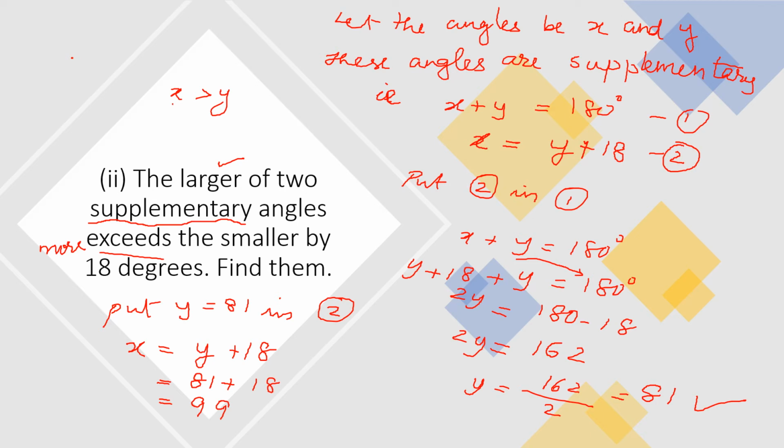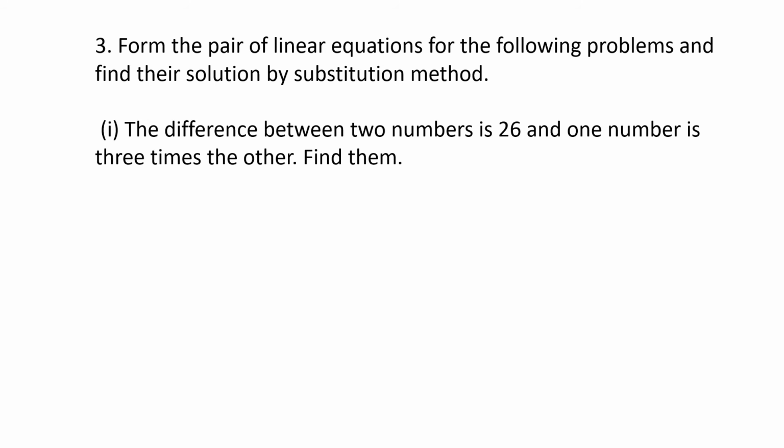Now you can see 99 plus 81 is 180, that is supplementary. Okay, so you're getting it. This is how you do it. Now let us move on to the next question.